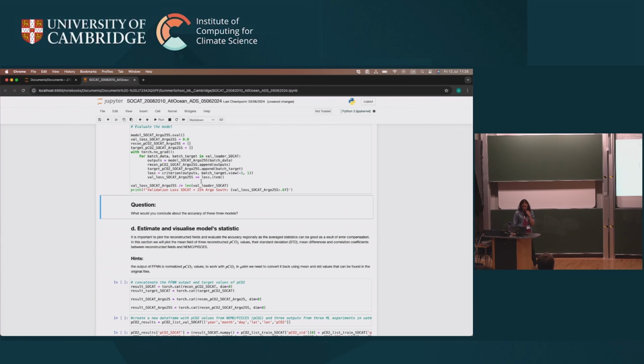When it's done, you can start to think about this question: what can you conclude just looking at these numbers? If you remember, at the beginning we said that the second data set, where we have more data, will provide us better results.